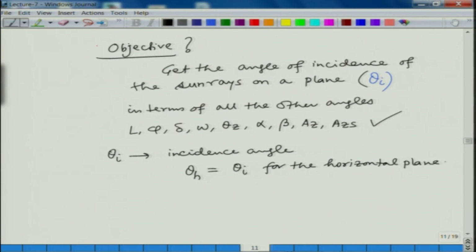And when we call theta t, that we usually call for the tilted plane. So, these are two particular designations that we often use, theta h and theta t, which are for the horizontal plane and the tilted plane.